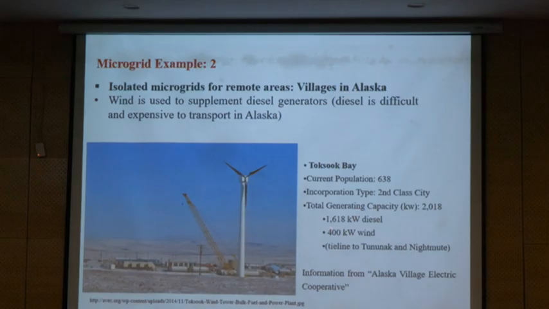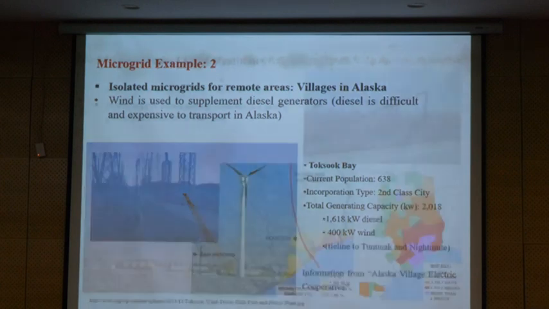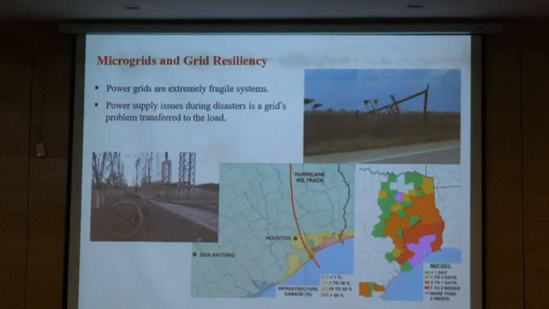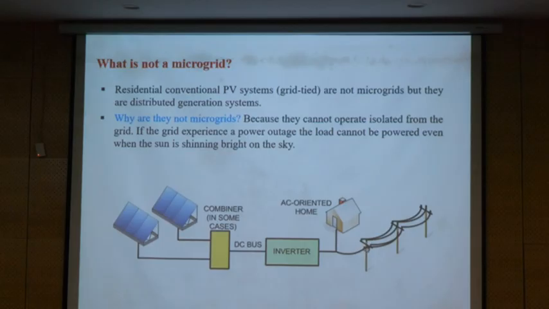By the combination of these two generation sources, we can provide electricity for these 600 people. So a microgrid can increase the resiliency of the system, because when a storm happens, we can still provide electricity. If the grid is out of order for 1 week, you can also use that.